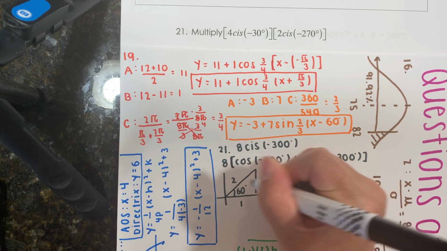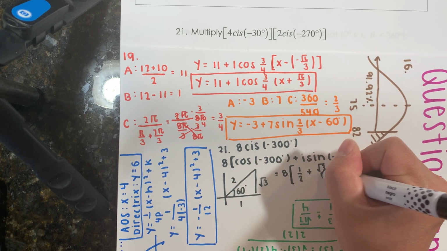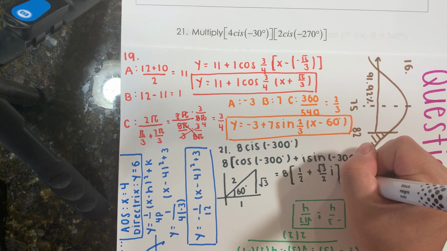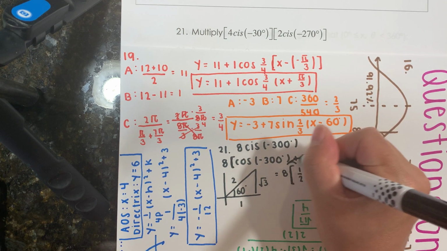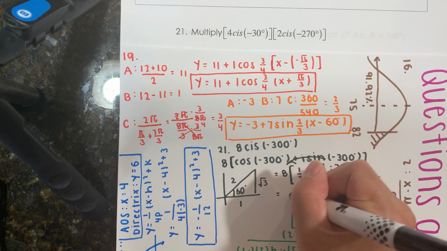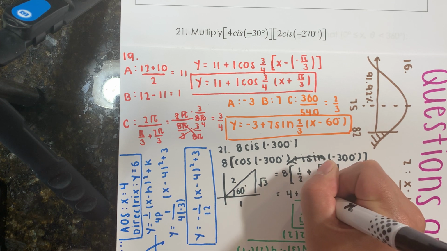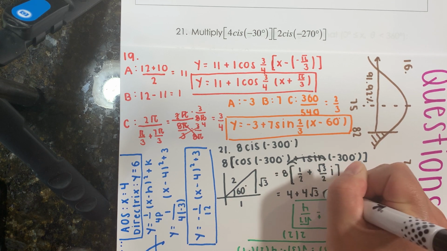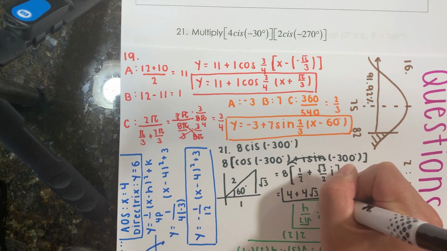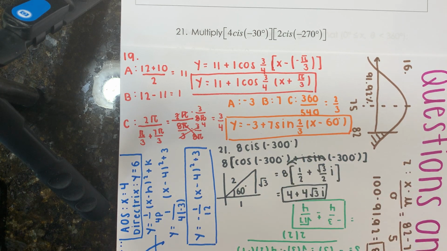For sine, it's going to be opposite over hypotenuse, so √3/2, i. And then I'm just going to distribute my 8. So I have 4 plus 4 square root 3 i. And that would conclude my answer for number 21.